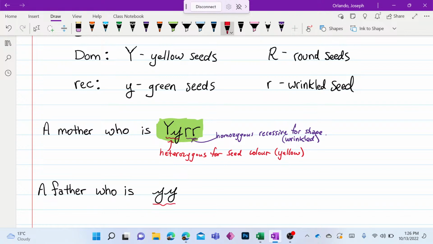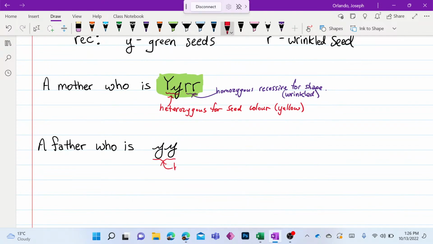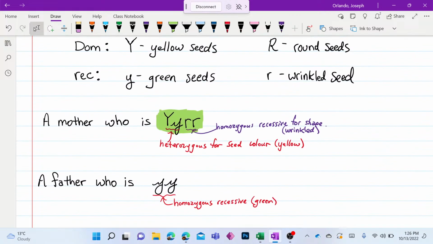I'll write that. Oh, go away. Thank you. And by being homozygous recessive, what color are we? Green, good. And we want to go round or wrinkled again?